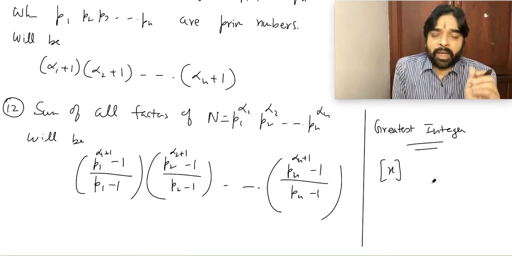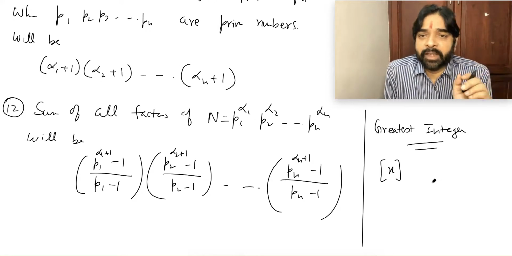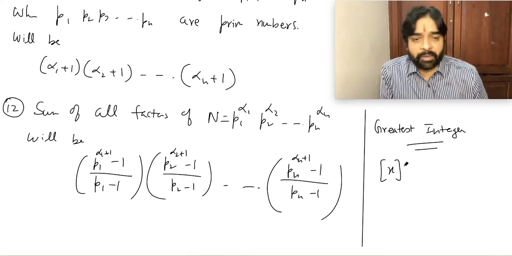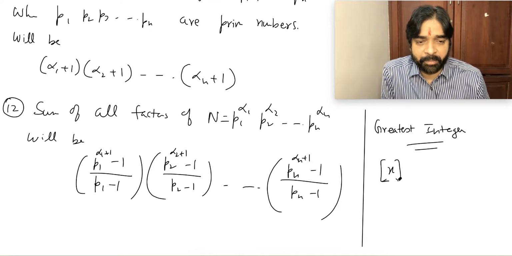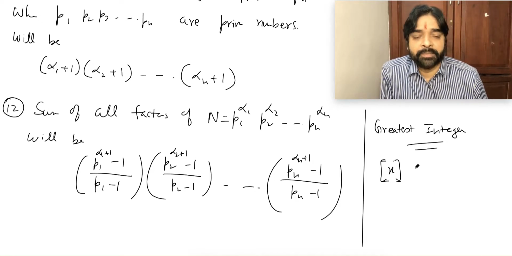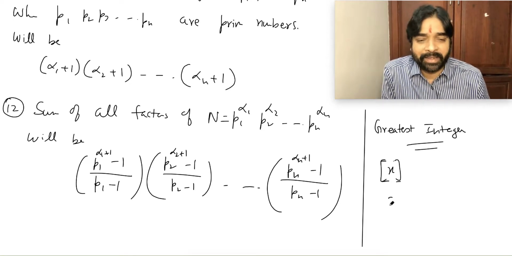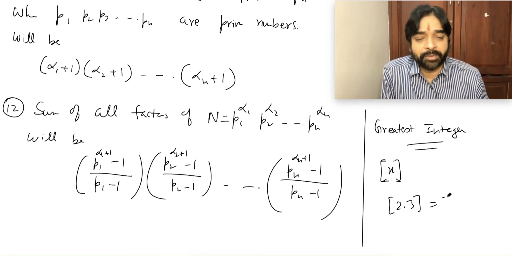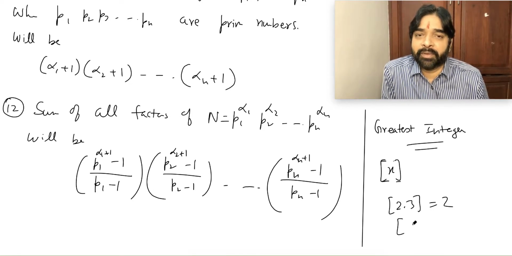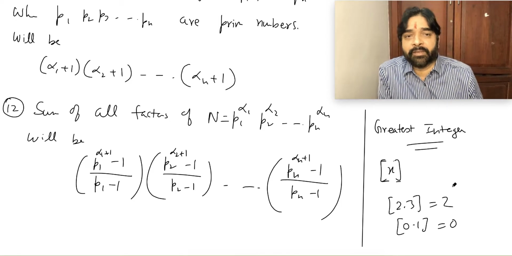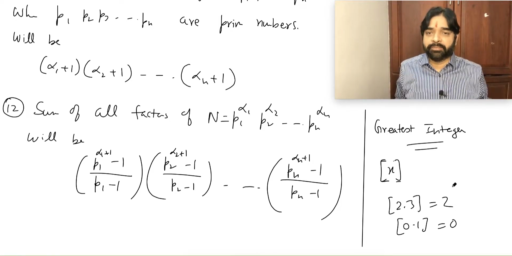So we are reaching the end point of the combination formula, but one more lecture will be needed for the combination. For the next class, I want all of you to revise the greatest integer of x, just the basics. The greatest integer of 2.3 is 2. The greatest integer of 0.1 will be 0. Just revise these things before coming to the next lecture, right?